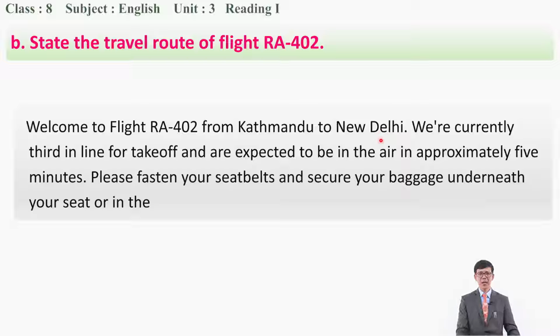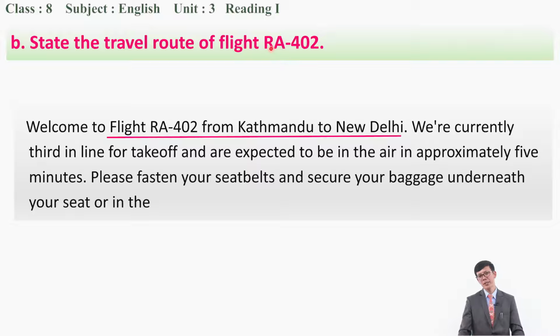Now you got to know the route of this flight RA402. Right, you have already located where the answer is in the passage. So you can write now, this flight RA402 is directly from Kathmandu to New Delhi.